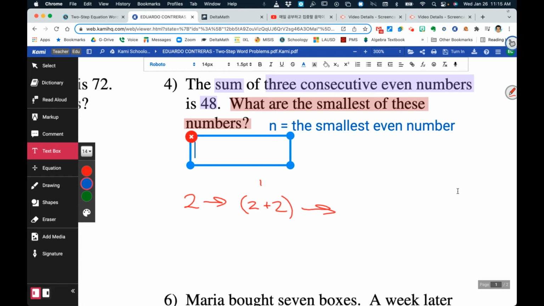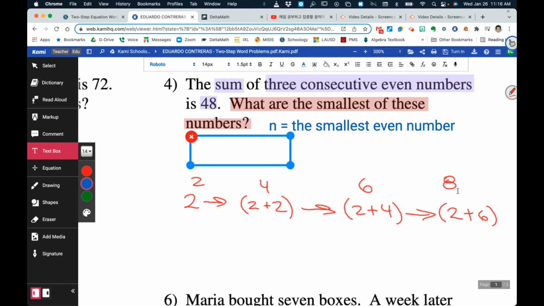Started off with 2, 2 plus 2 gave us 4. How do I go from 2 to the next one after that? 2 plus what? This number would be 6. 2 plus 4. Say I wanted the next one after that, which would be 8. 2 plus what? 6. Okay, you see the pattern.